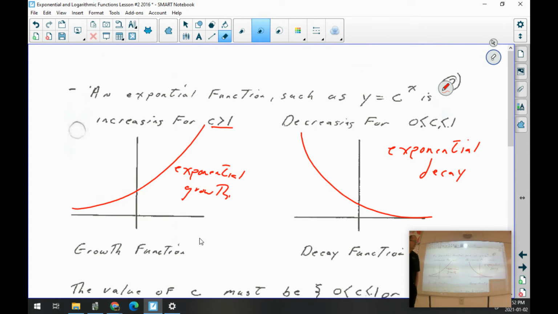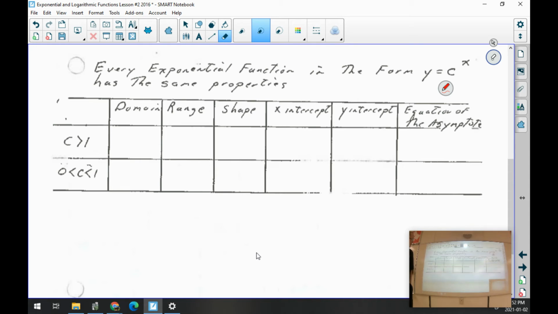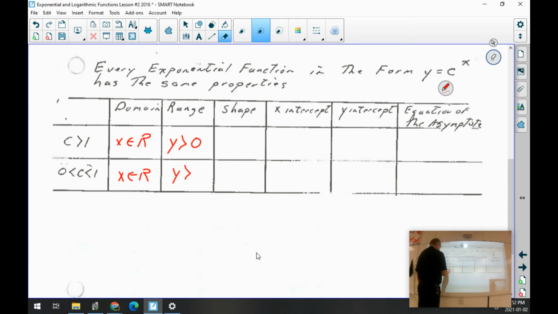So 10^x, 32^x, they're always going to be the same. Okay? So the domain, going back to my shorthand set builder notation, is always going to be all real numbers for both. The range will be y greater than 0, not greater than or equal to.